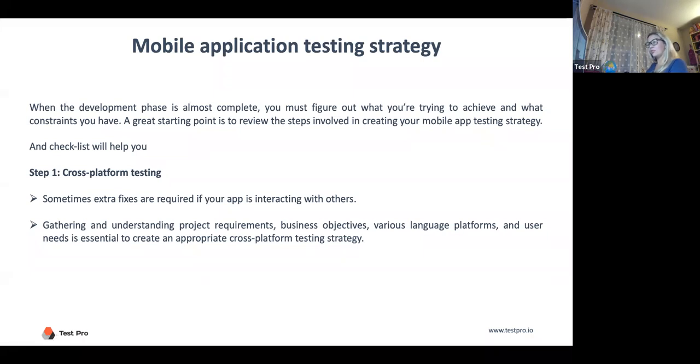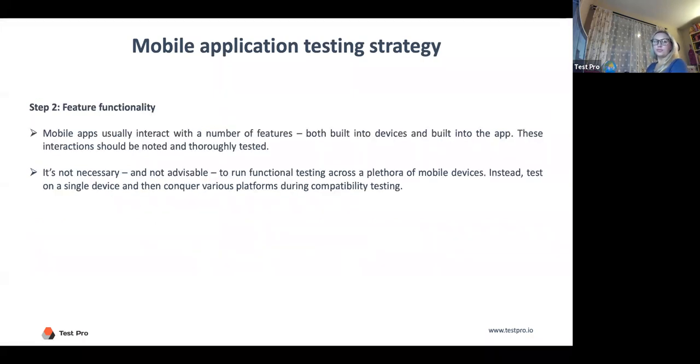Really important. Step number 2, feature functionality, also super important. Mobile applications usually interact with a number of features, both built into the device and built into the application. For example, the camera built into your phone, but the camera feature might also be built into the application.